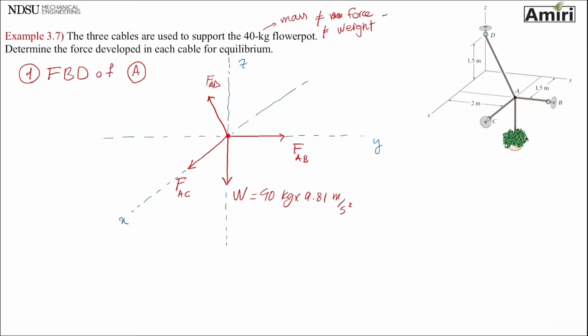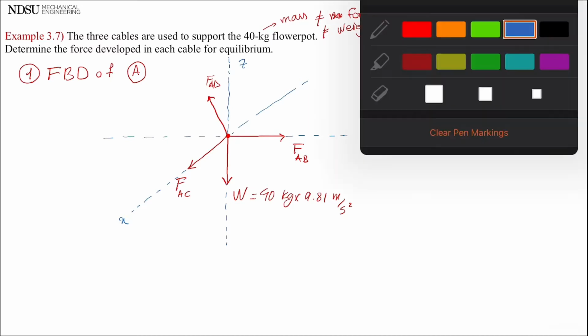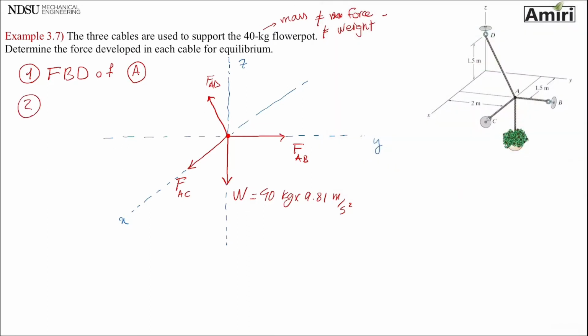So I'll show you different ways of doing these problems, but that was my step one. Step two is to use equations of equilibrium, which in this case we have three equations because sigma Fx, sigma Fy, and sigma Fz are equal to 0.